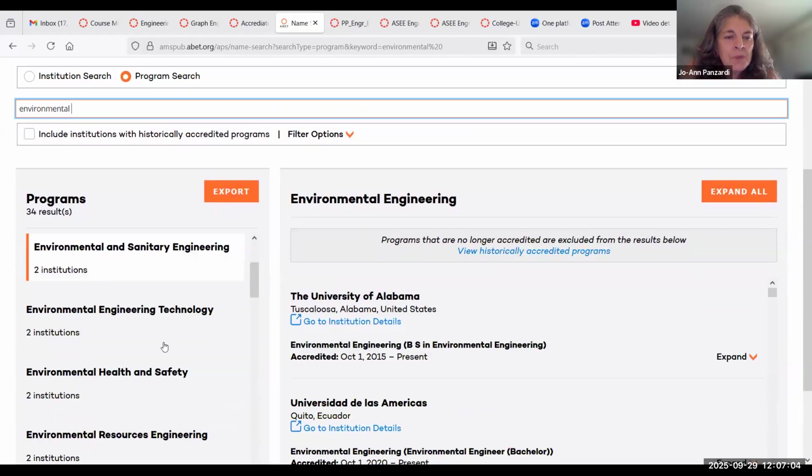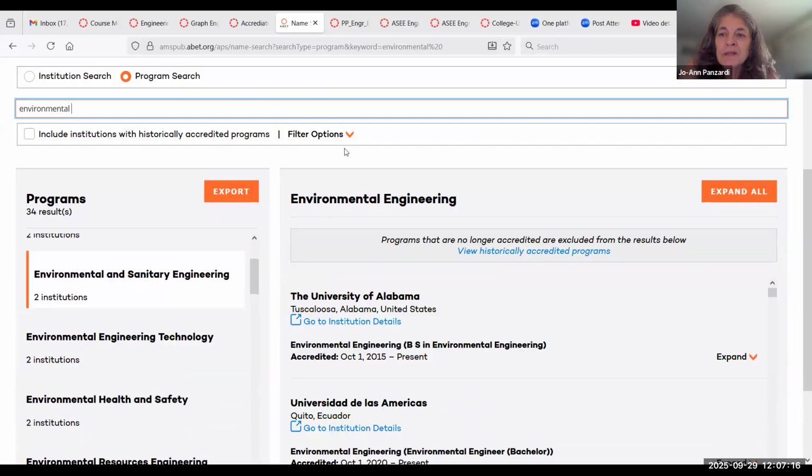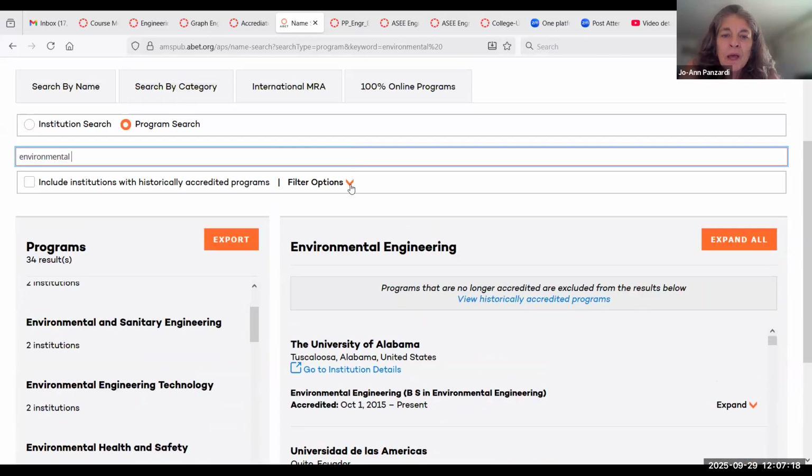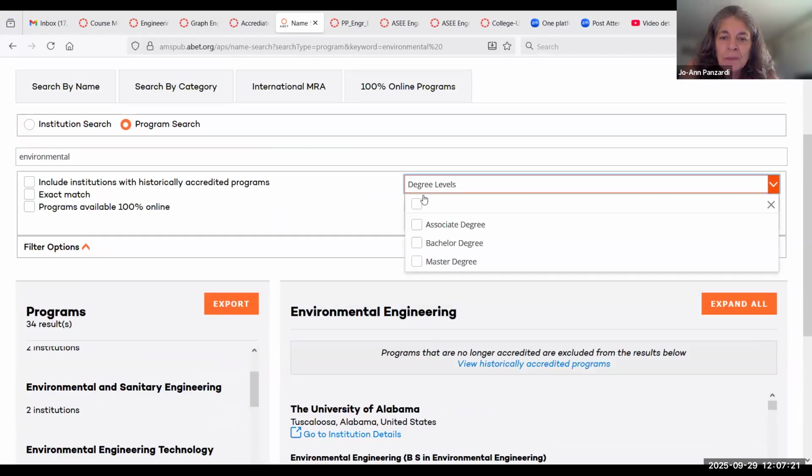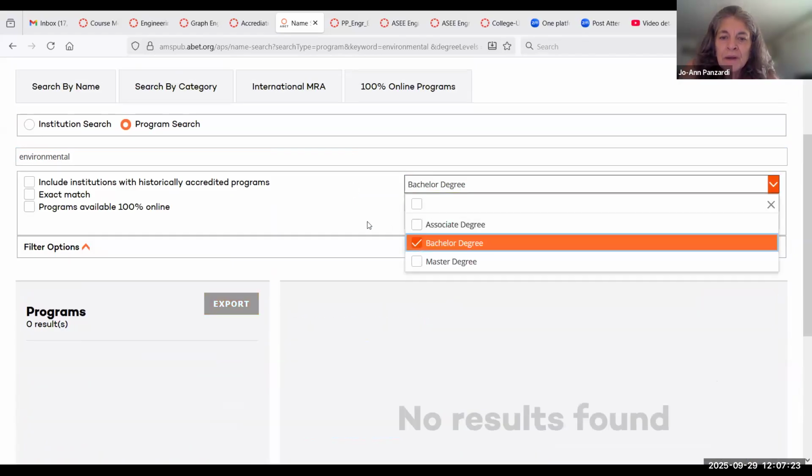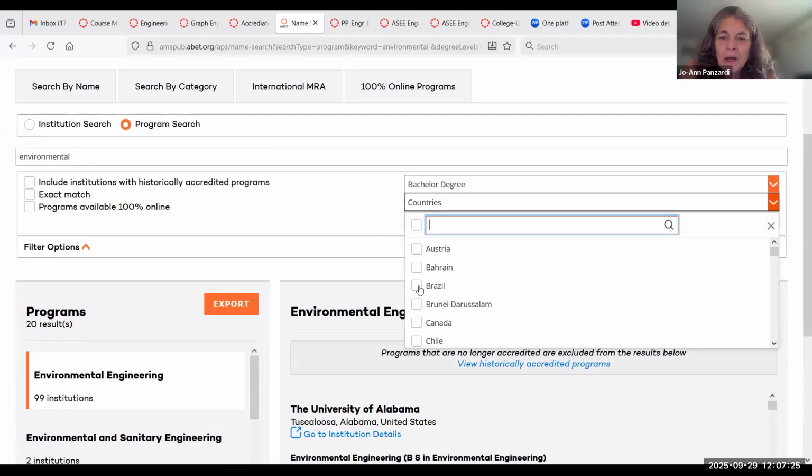Notice there's one that says technology, right? Remember, I talked about that in the part 1 video. Technology means they're training technicians. It's still a very great opportunity to get, but it's not the same as an engineer. It's a little lower. I'm going to stick some filters on it. I'm going to pick a bachelor's degree, and I'm going to pick United States.